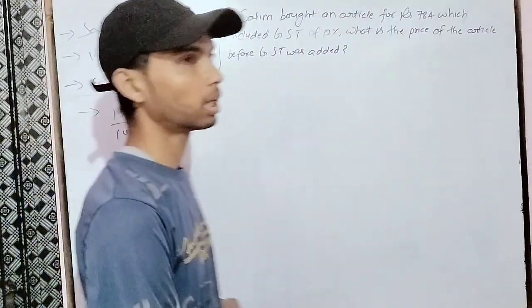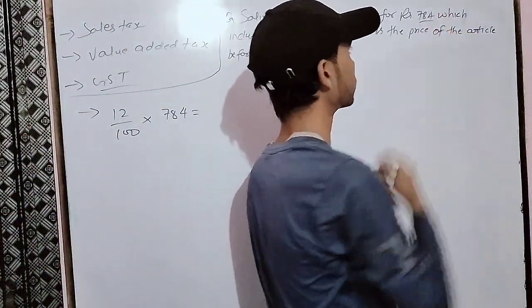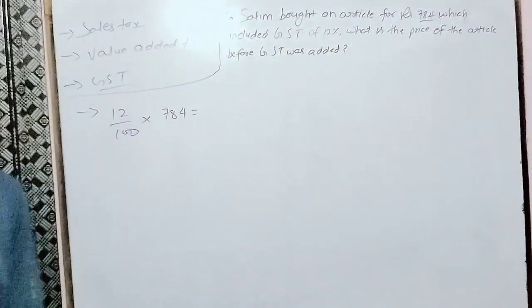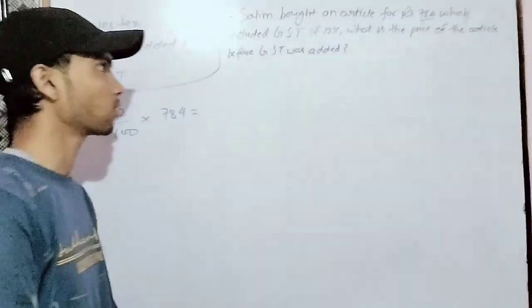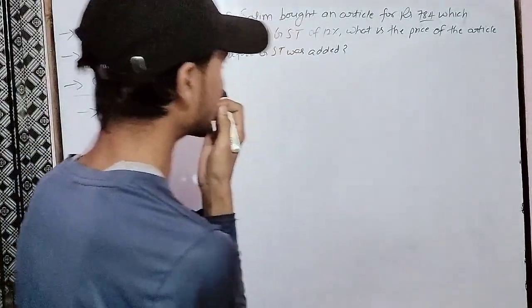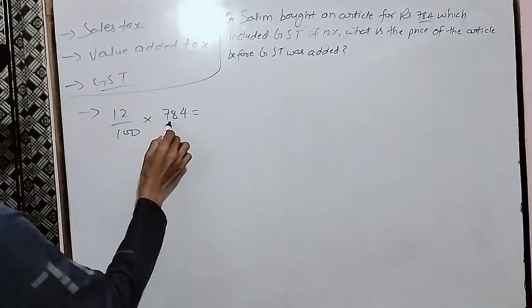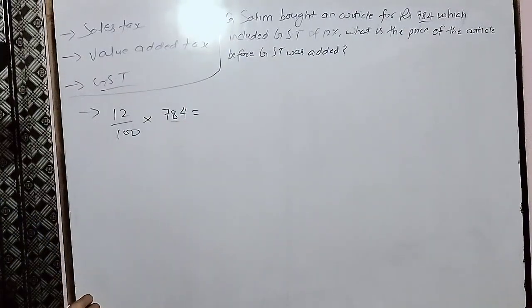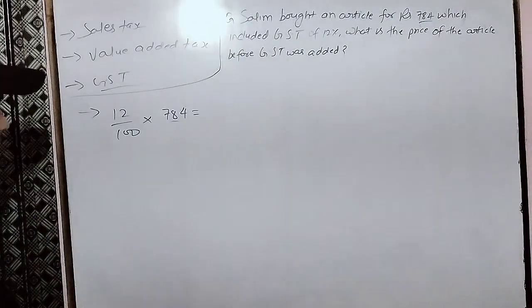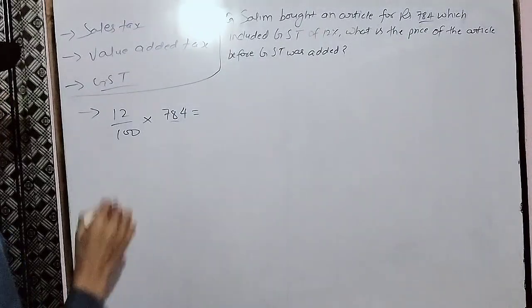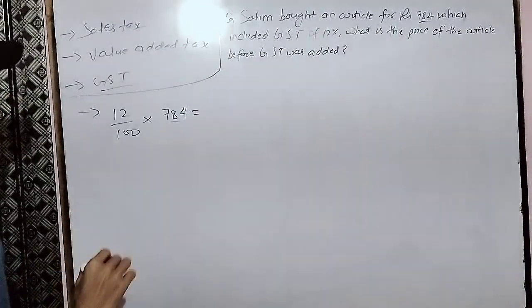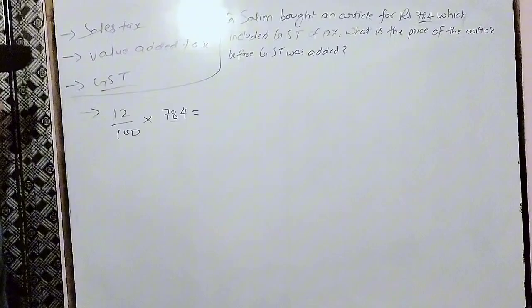And remember, this sale tax is the final amount of selling something. This is a bill amount. Bill amount of an article, which is the final price. Bill amount is the final price.